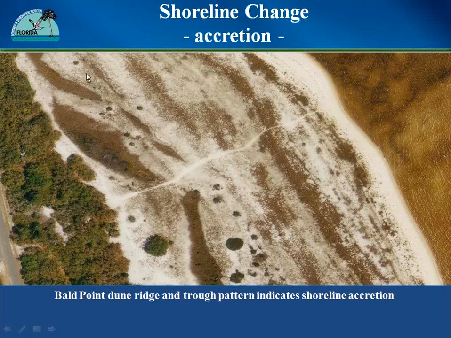However, where I place that armoring on a shoreline under erosional stress, I do have a problem, because what I've done is fix the shoreline position, and as that erosion continues, I will lose the beach. And I've also isolated the dune system, which is an important component during a storm event.